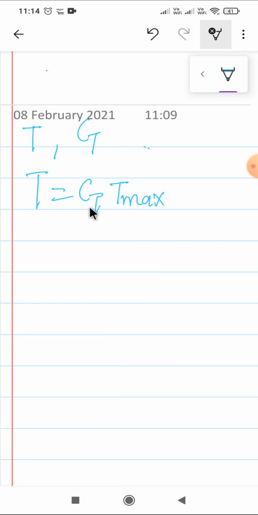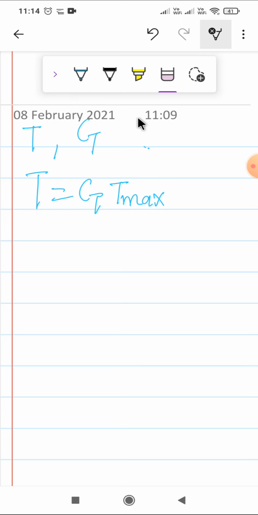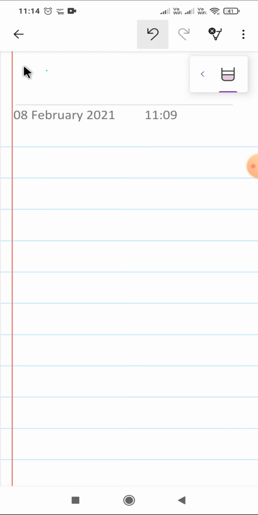Now we will define a new term, that is tip speed ratio.